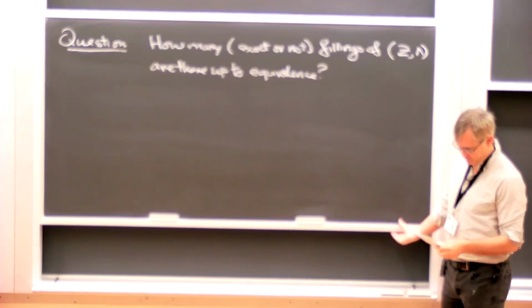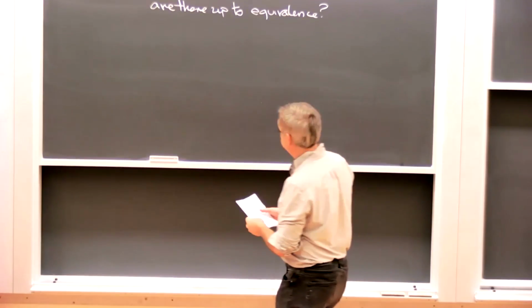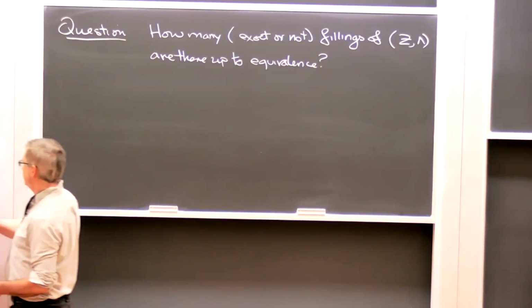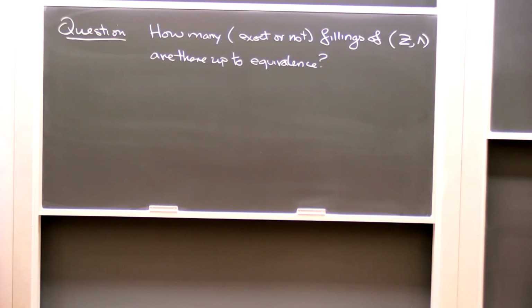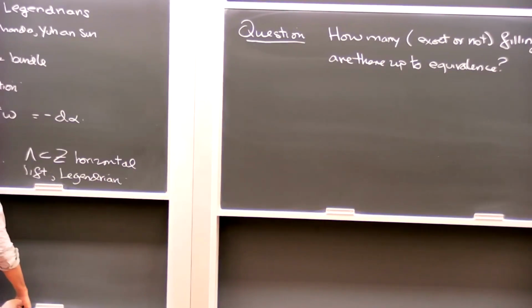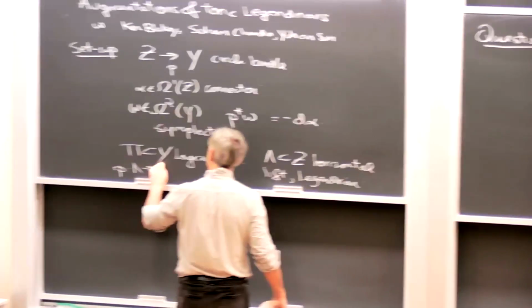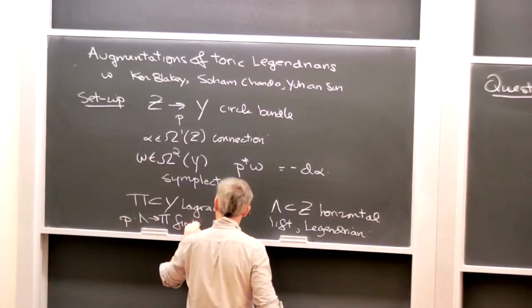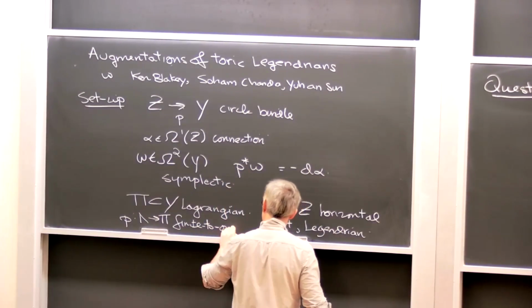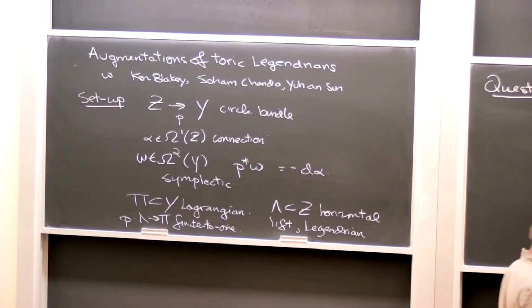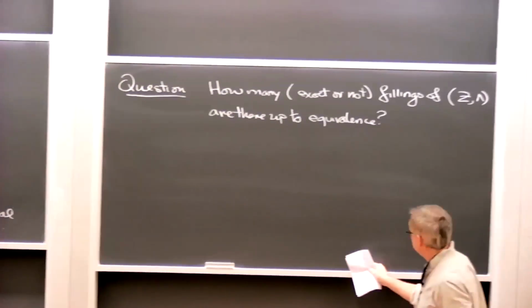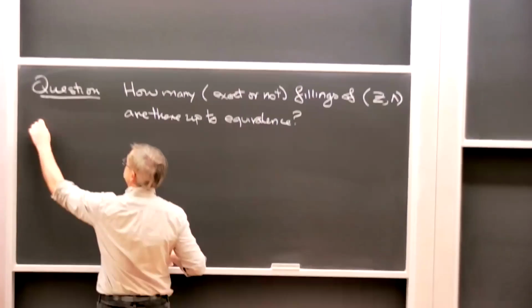And so an example, this is going to be a finite to one map, and so what's an example?